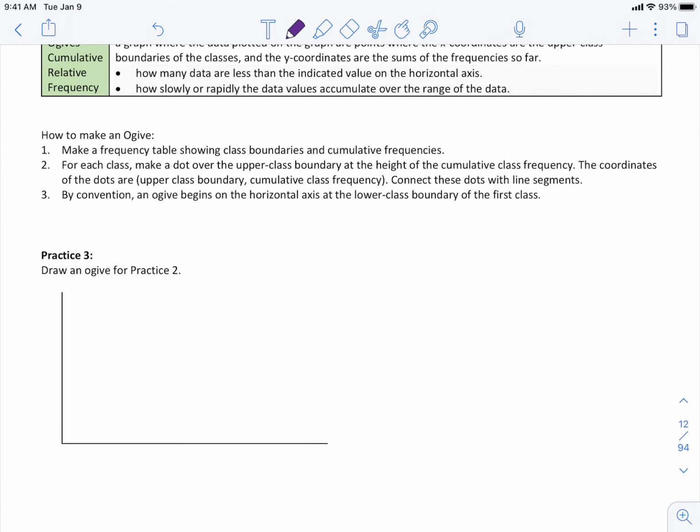So we're going to do this for practice too. So I'm going to list our data here again. So we have our class boundaries. So we go from 0.5 to 12.5, then 12.5 to 24.5, 24.5 through 36.5, 36.5 through 48.5, and then 48.5 through 60.5.